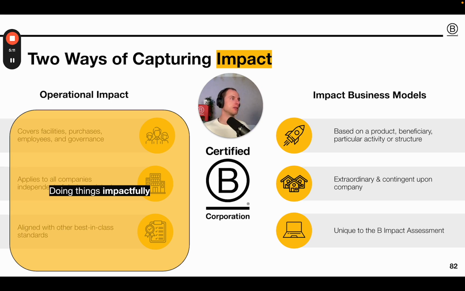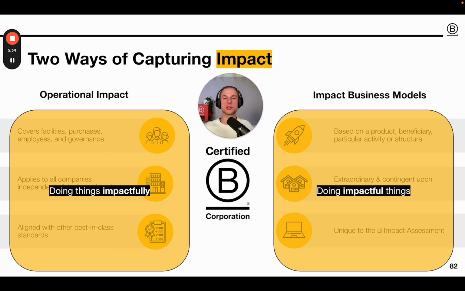So you can think about running your office impactfully. You have energy that you source, and if you use renewables for that, you are doing things impactfully. Those operational impact points don't go into depth yet on what you do. It's about how you do them. So doing things the right way.